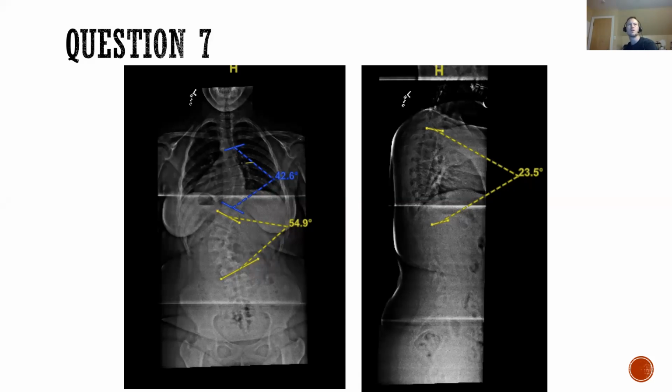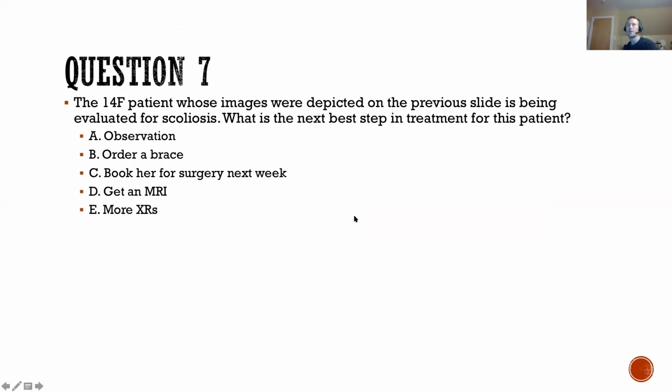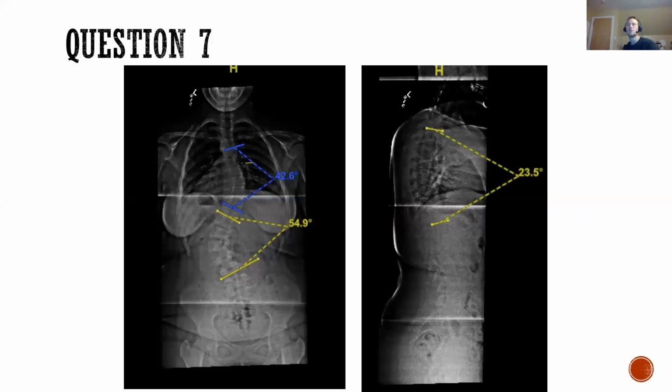So the reality is the first films tell you what treatment pathway you should head down. The first question was asking what's the best next step, which assumes that you've determined we're headed towards surgery.